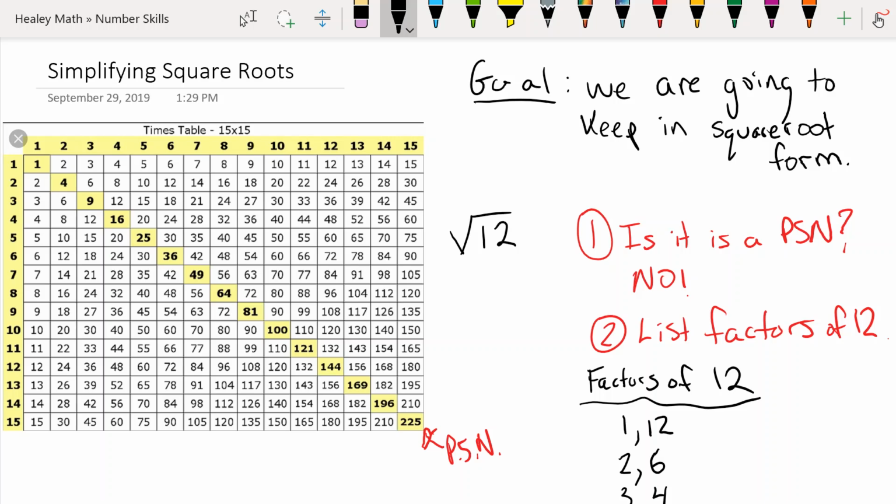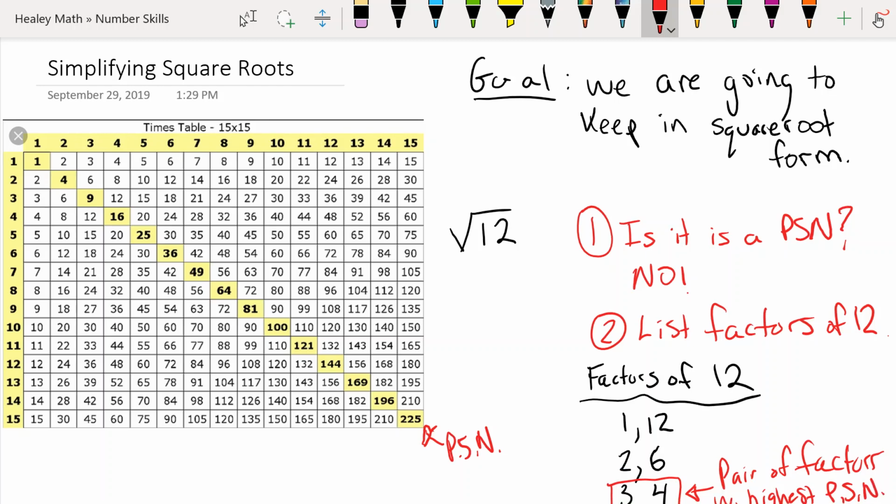We want to rewrite the square root of 12 as a combination of its factors. The goal is we want to replace it with the pair of factors that has the highest perfect square number.